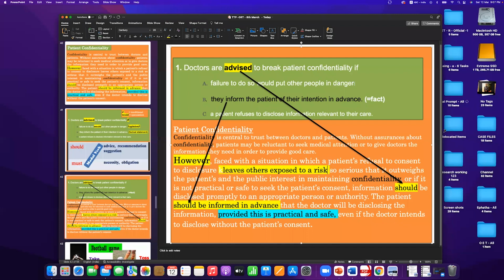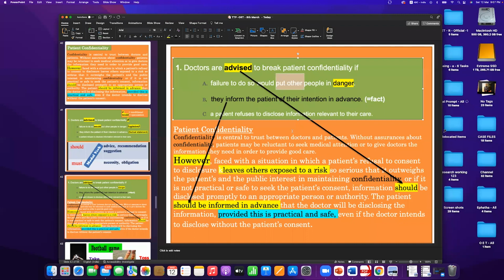Danger, risk, synonyms, right? Failure to do so would put other people in danger, and the paragraph says leaves others exposed to a risk. See how beautifully they have done it.